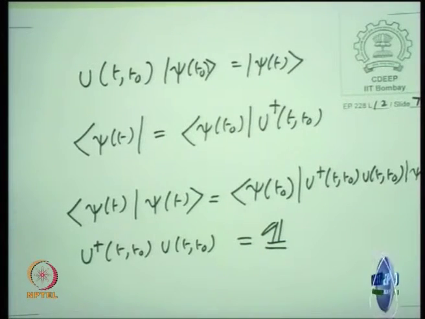Why? Because the Hamiltonian is Hermitian. So, e to the minus i H t by h cross into e to the power of plus i H t by h cross. Is that right? This one is e to the plus i H (t minus t naught) by h cross. This will be e to the i, this is an H operator, minus i H (t minus t naught) by h cross.